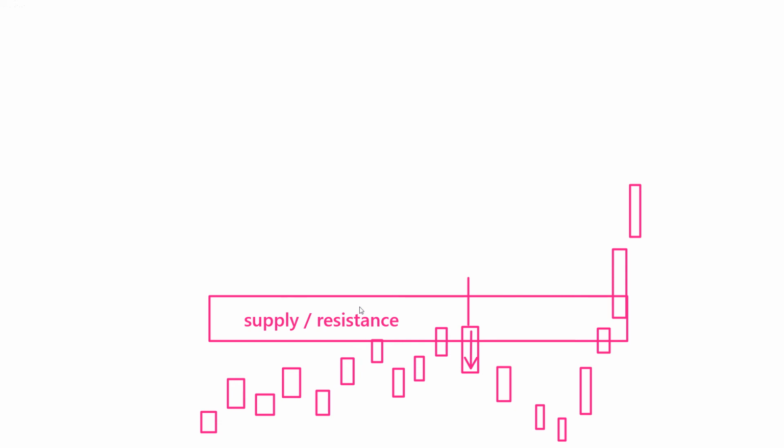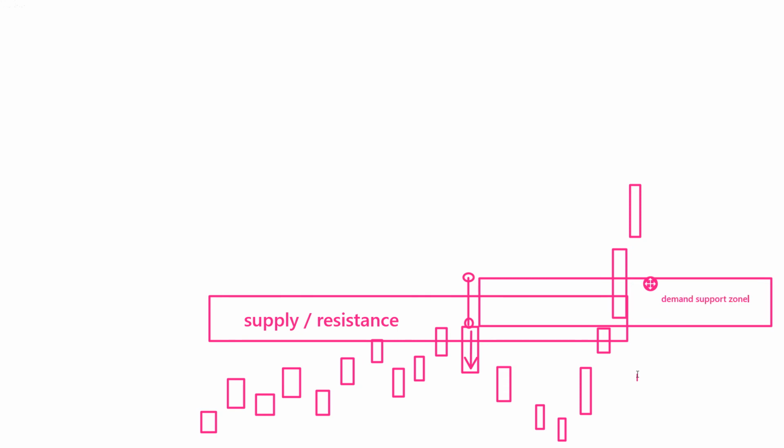So now the high of that powerful candle and the open of that powerful candle are going to be our demand, support zone. Once the market is going to get back into that zone, that's our entry.